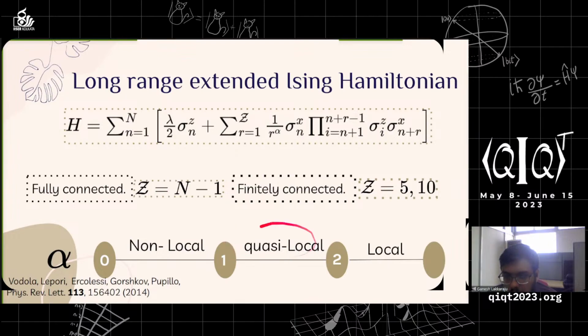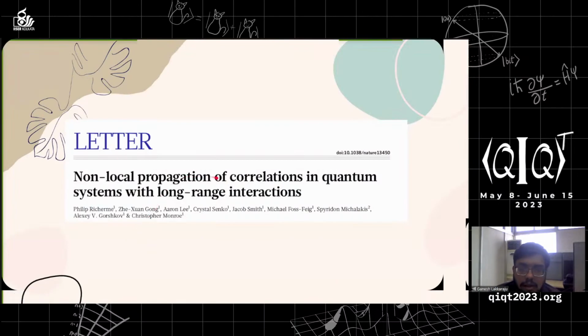This is the important phase which we'll focus on. Above 2 is essentially local, or the simple, well-known Ising class of model. Of course, this is the Ising class in the thermodynamic limit. Whenever the system is finite, it takes a much stronger alpha to mimic the Ising class of Hamiltonians.